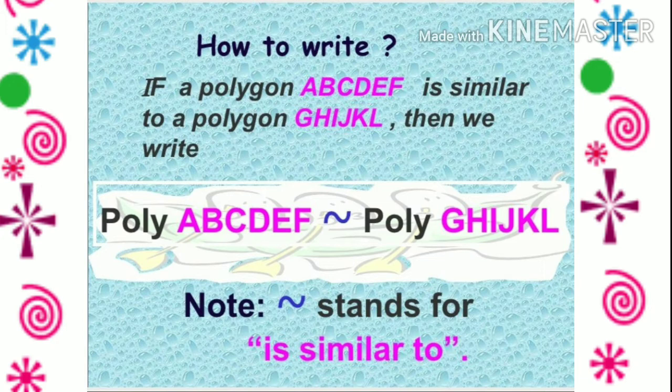If a polygon ABCDEF is similar to a polygon GHIJKL, then we write polygon ABCDEF, with the similar symbol, polygon GHIJKL. Note that this is the symbol that stands for similarity, it denotes is similar to.